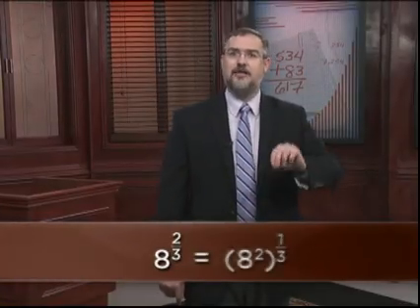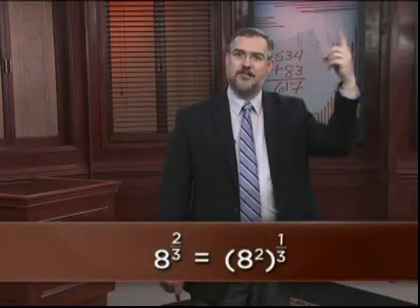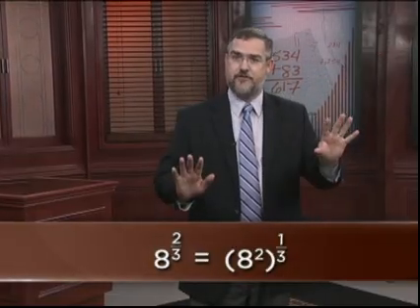But let me show you what I mean with this rule by looking at this particular example with 8 raised to the 2/3 power. Here's what the rule tells me. It tells me that I can break up 8 to the 2/3 power as 8 to the 2, then raising that to the 1/3. That's perfectly fine.